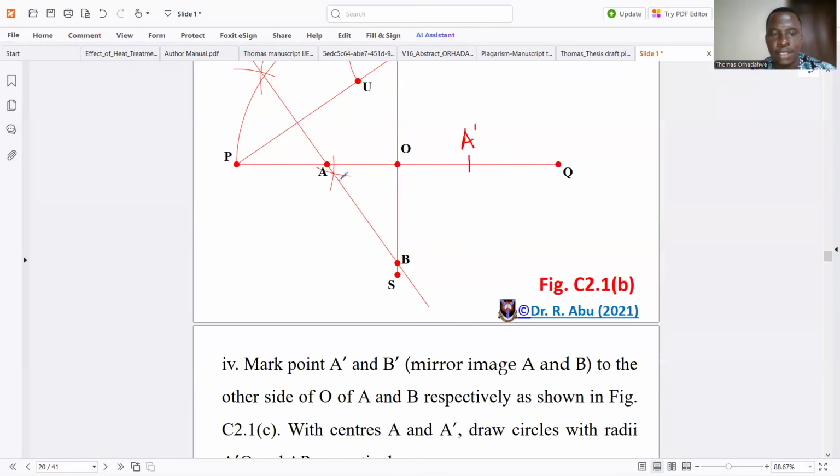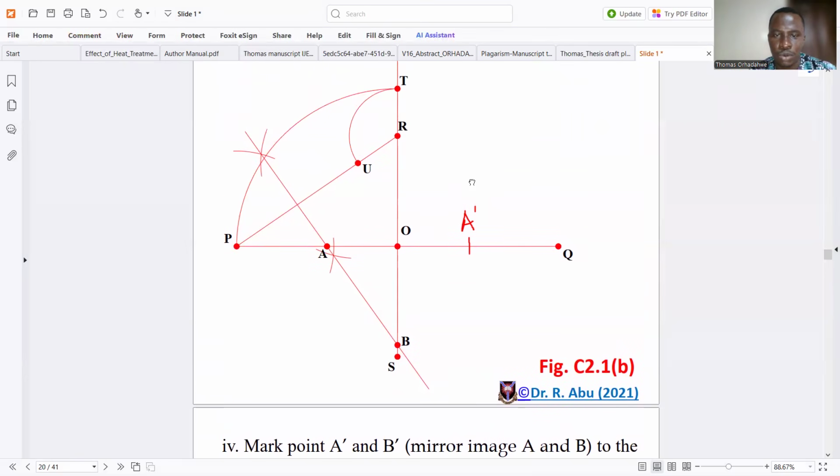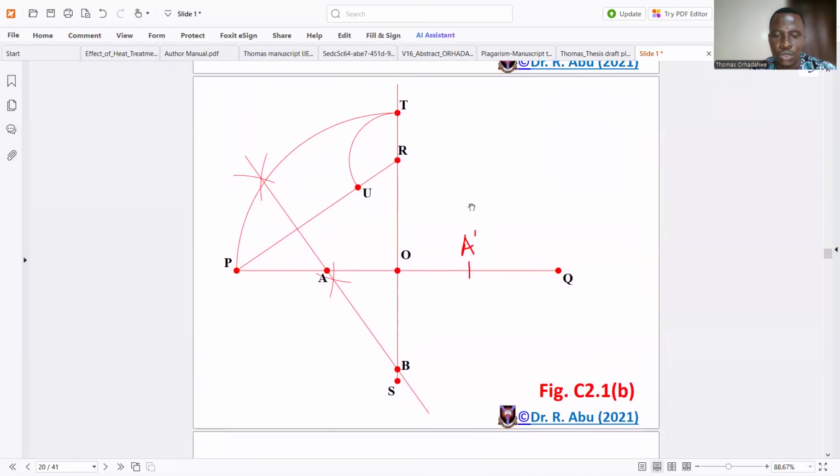And then similarly, open your compass to BS, this is RS, so B and S, and then you cut.